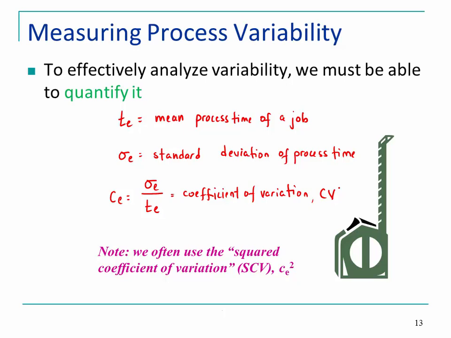But if you're going to compare two systems, not only one, but two systems, and you have another process that has a very low mean and very high variability, then how are you going to make a decision in terms of which process is better if you are trying to compare the mean and also the variance?